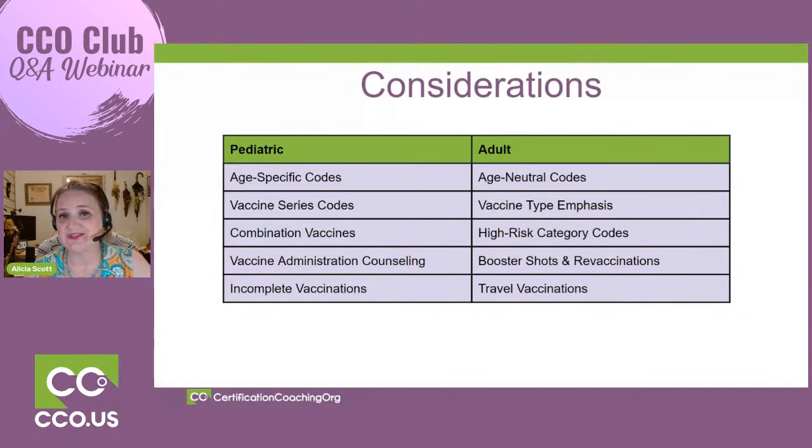And then there's another little area for travel vaccination. So if you're going to go on vacation to another country, you can ask your provider, are there specific vaccinations I need to be able to go? And then you list the country you're going to, and they can look that up and give you the appropriate vaccinations for that area. So again, these are all things that you need to consider when you look at coding for vaccinations.